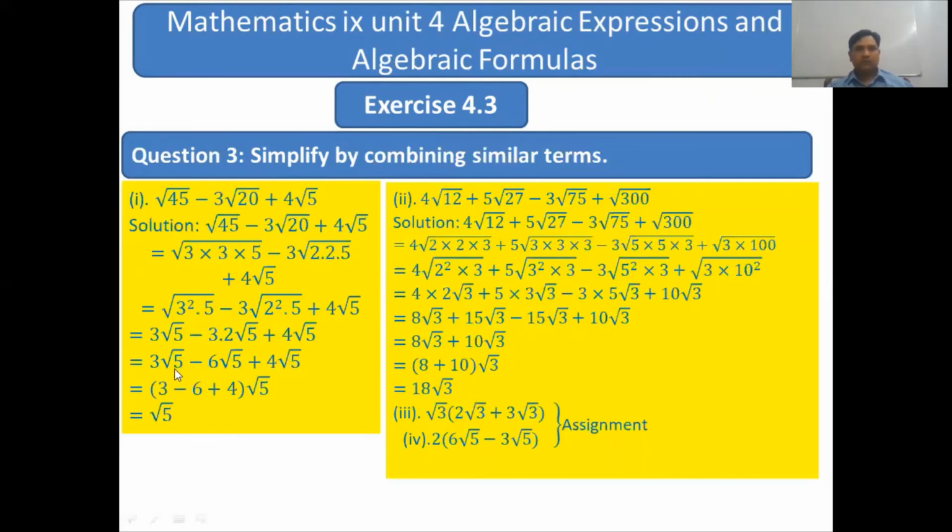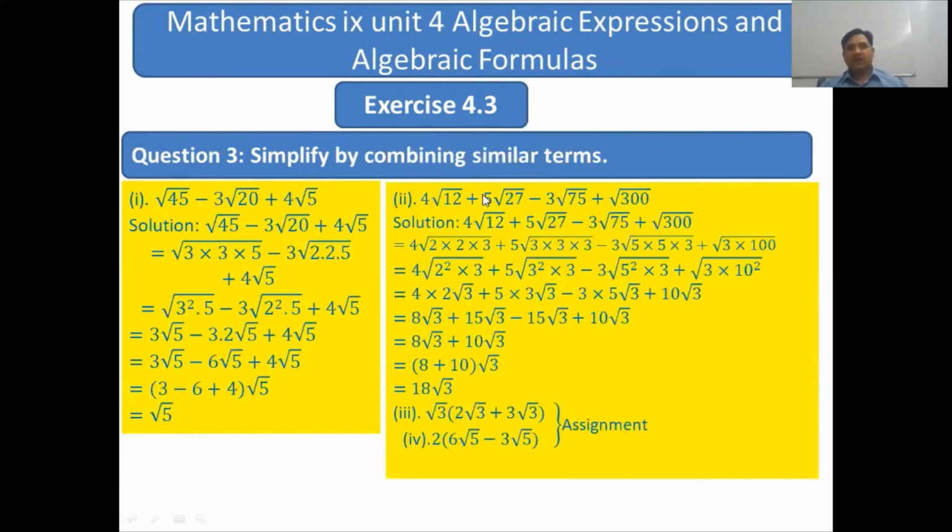Square root of 5 we can take common from these three terms, and we are left with 3 minus 6 plus 4. When we simplify, 3 plus 4 is 7, 7 minus 6 we have plus 1. So after simplifying this question, we have square root of 5.